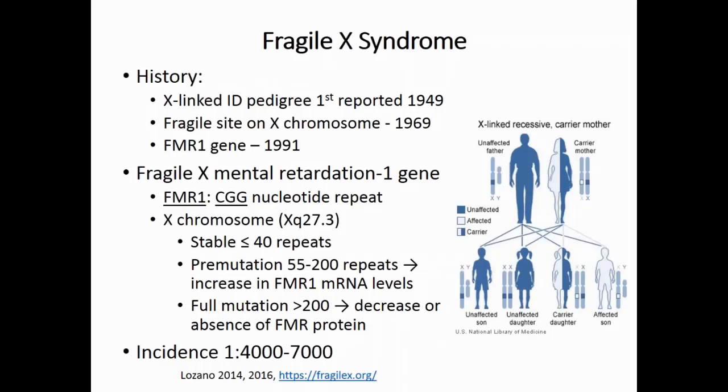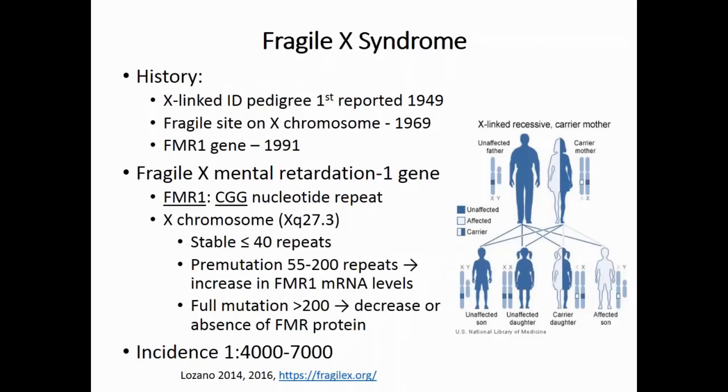Usually, expansions of the CGG repeats occur between generations when it's passed on by a female with a pre-mutation and becomes a full mutation in the offspring. So in the cartoon, the inheritance again is X-linked, and this is X-linked recessive.